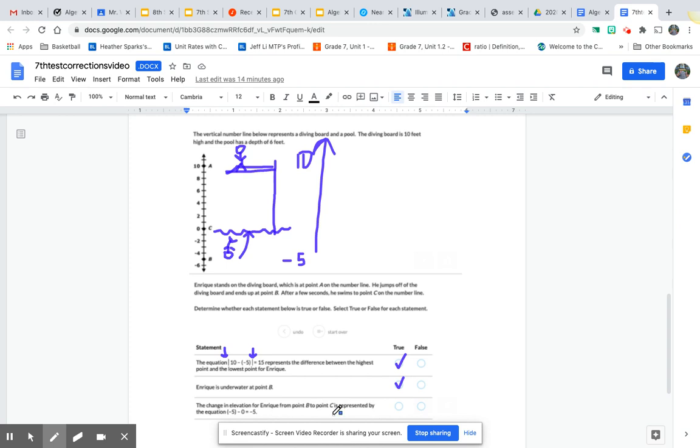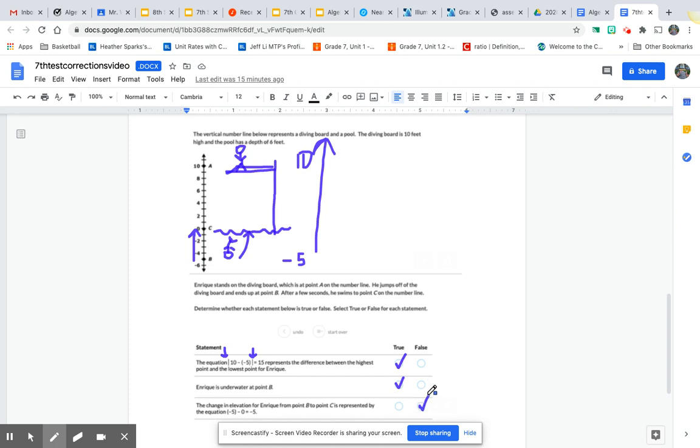The change in elevation for Enrique from point B to point C is represented by -5 minus 0 equals -5. So he's going from point B up to point C. So he's going up, right? So should his change in elevation be negative?